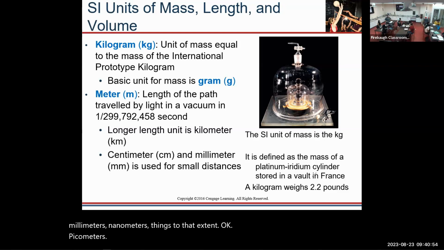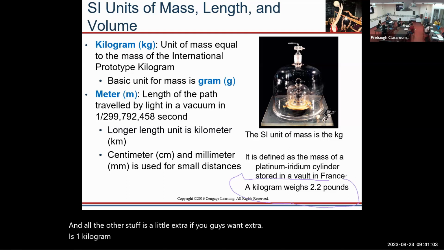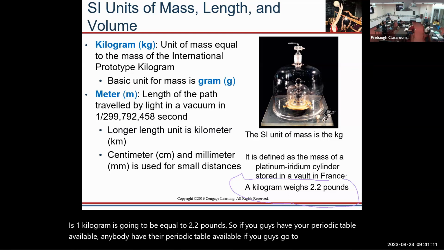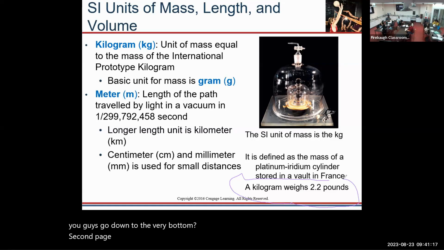Okay, so one conversion that you want to remember, and all the other stuff is a little extra if you want extra, is 1 kilogram equals 2.2 pounds. If you have your periodic table available, go to the second page, the back page, down to the very bottom.